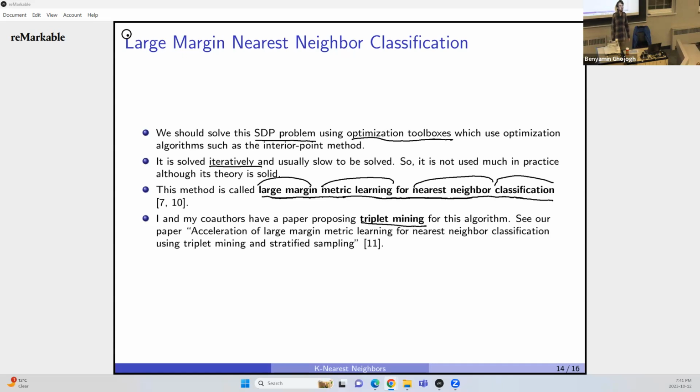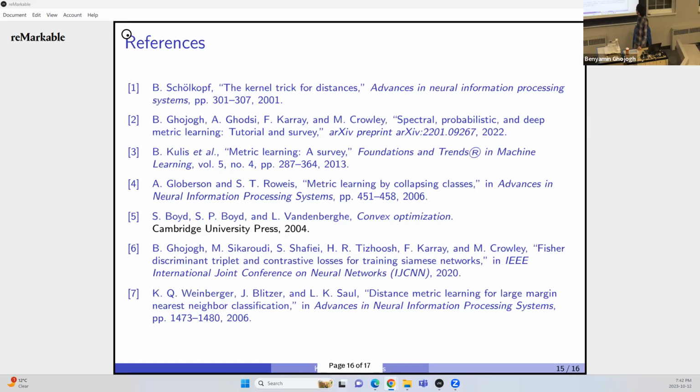But we said, why don't we use it for this algorithm, because this algorithm also uses triplets. So we propose triplet mining for this algorithm, and the paper is called Acceleration of Large Margin Metric Learning for Nearest Neighbor Classification Using Triplet Mining and Stratified Sampling. Reference 11. And these are the references.